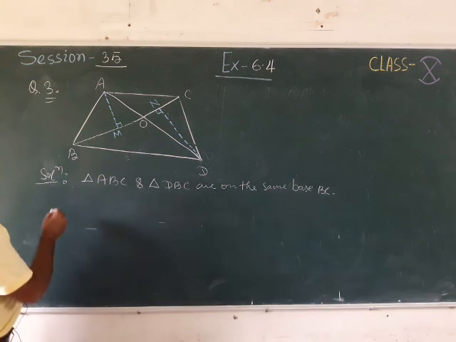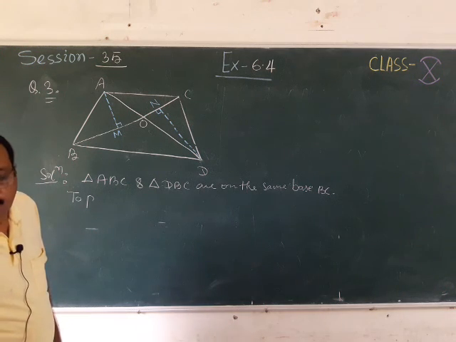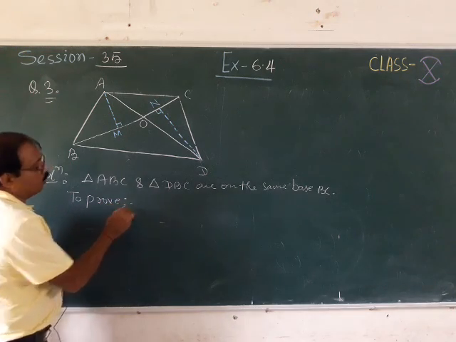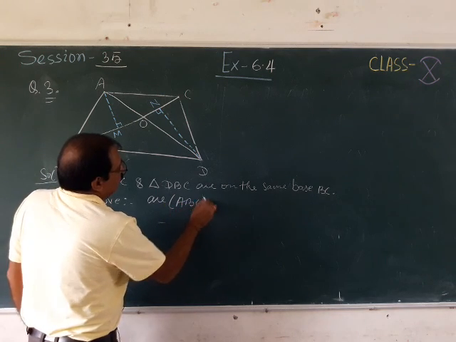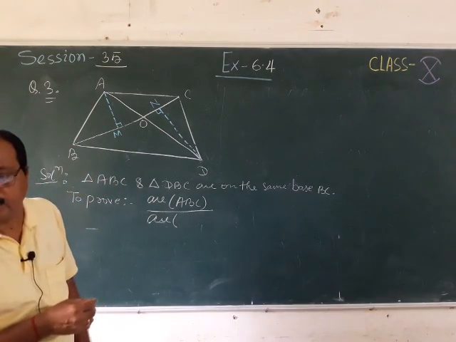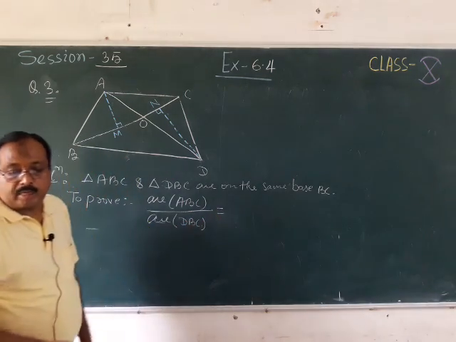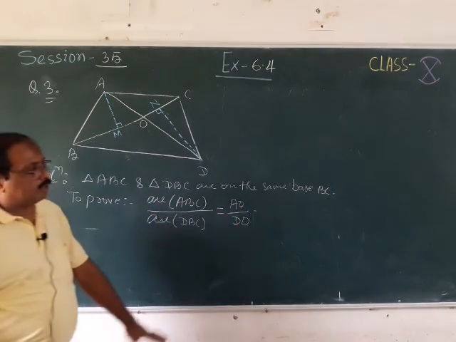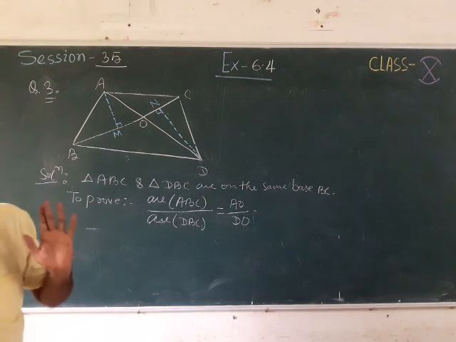To prove: area ABC upon area DBC is equal to AO upon DO. When ABC is written like that, you can understand it is about the triangle. This you have to copy down, then I will write the solution part. So till here, first of all, copy down.